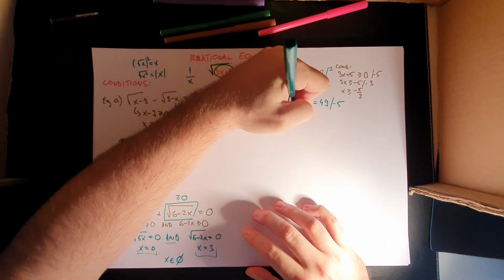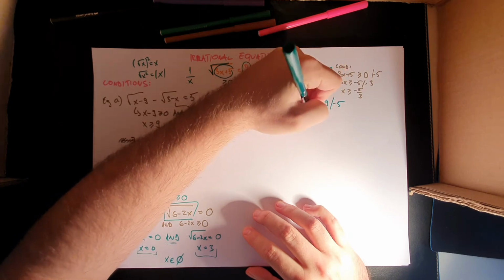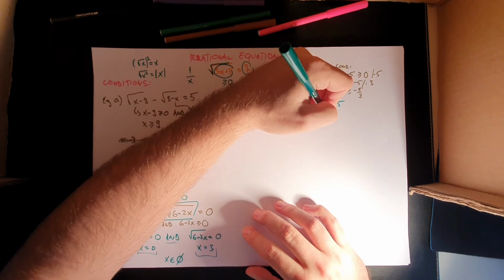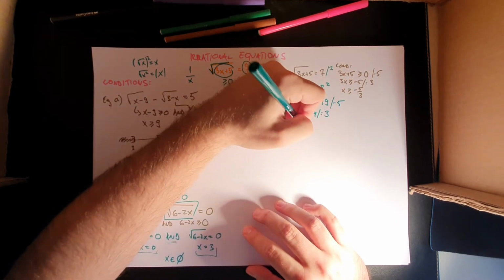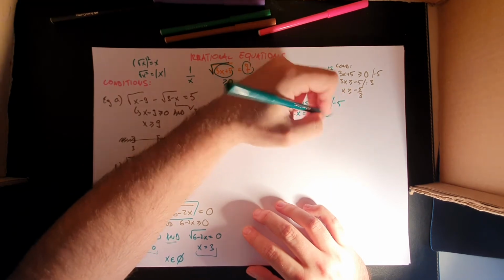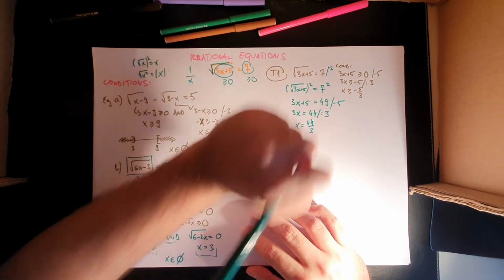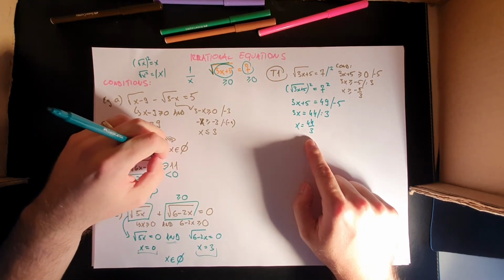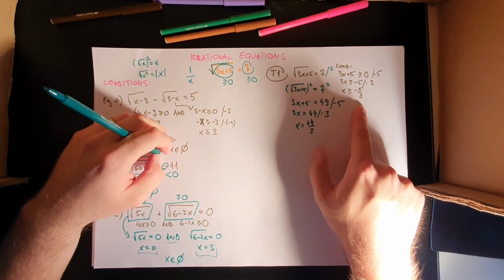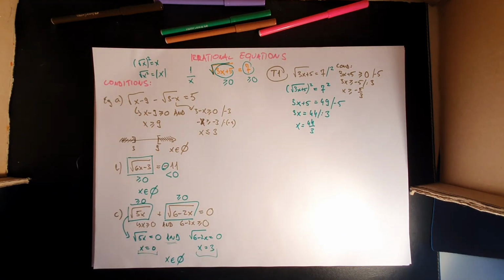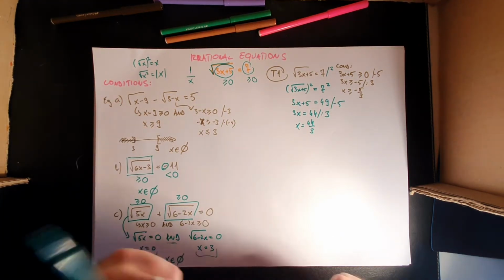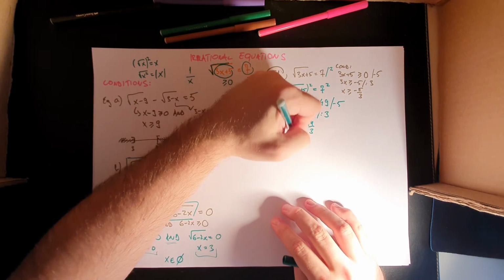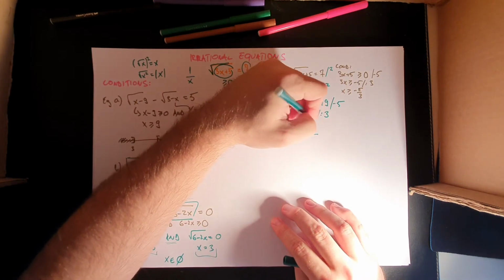Everything minus 5, 3x is equal to 44, divided by 3, and x is equal to 44 over 3. Well, 44 over 3 is a positive number, and because of that it is 100% greater than or equal to minus 5 over 3. So this is the solution of the given equation.